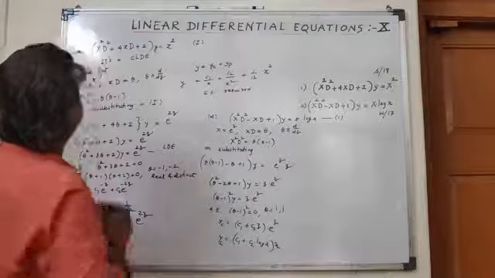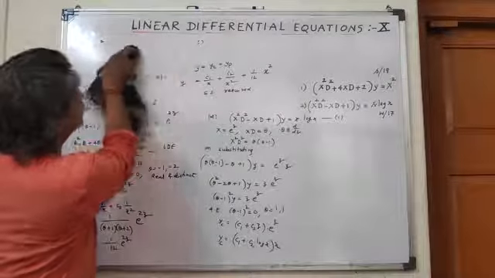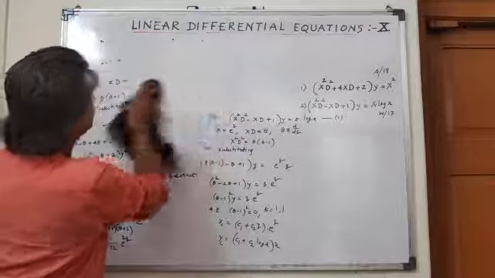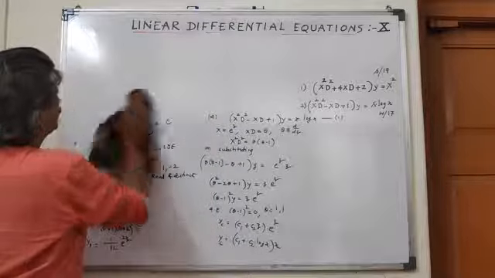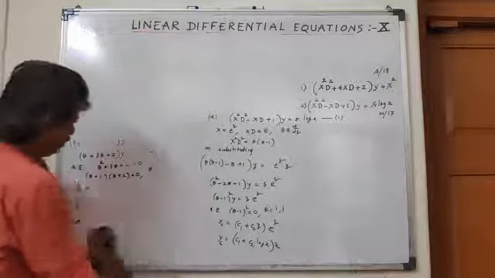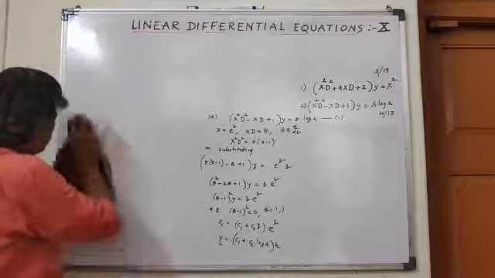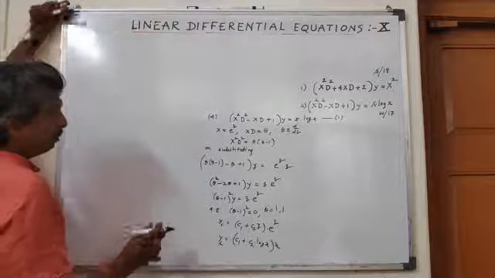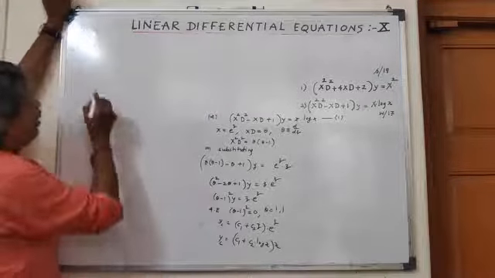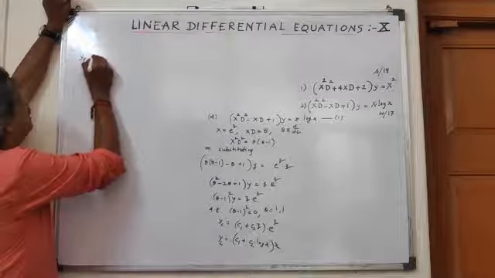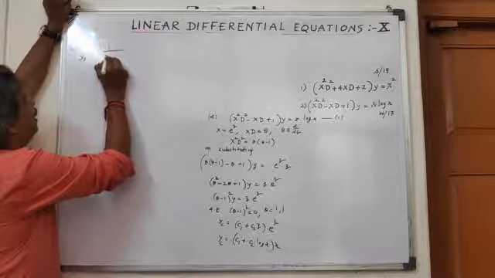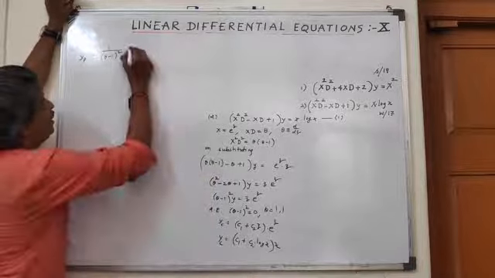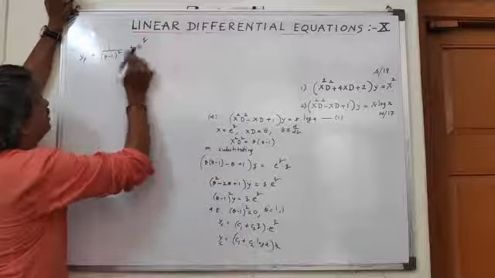Now yp. The formula for yp is 1 upon f of theta into right hand side function. This is in its operator form, so yp is 1 upon theta minus 1 whole square, f of theta, into right hand side function z into e raised to power z.